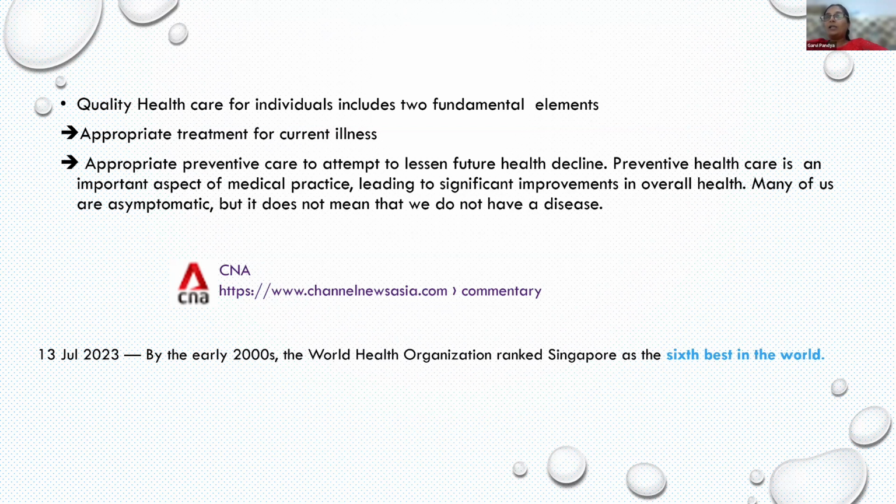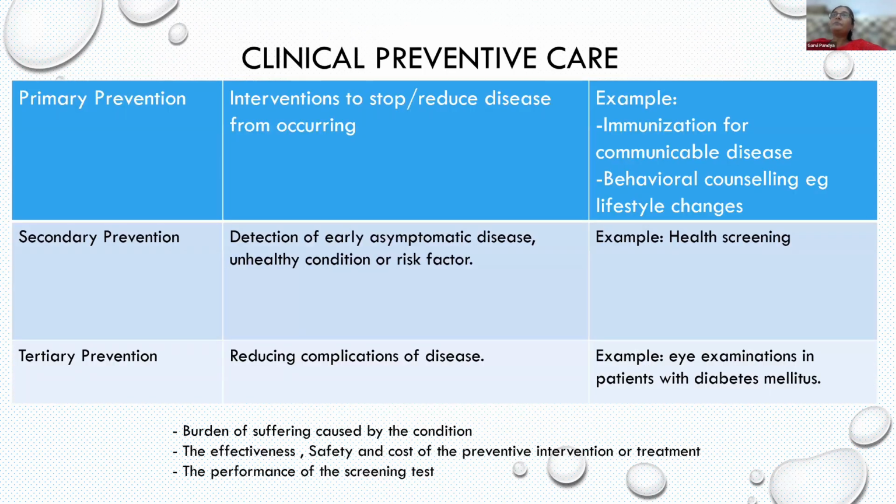And our healthcare in Singapore is ranked 6th best in the world by the World Health Organization. In preventive care, we can divide it into primary, secondary, and tertiary prevention. And diabetes mellitus, which we normally call DM, will come into the secondary and tertiary prevention.